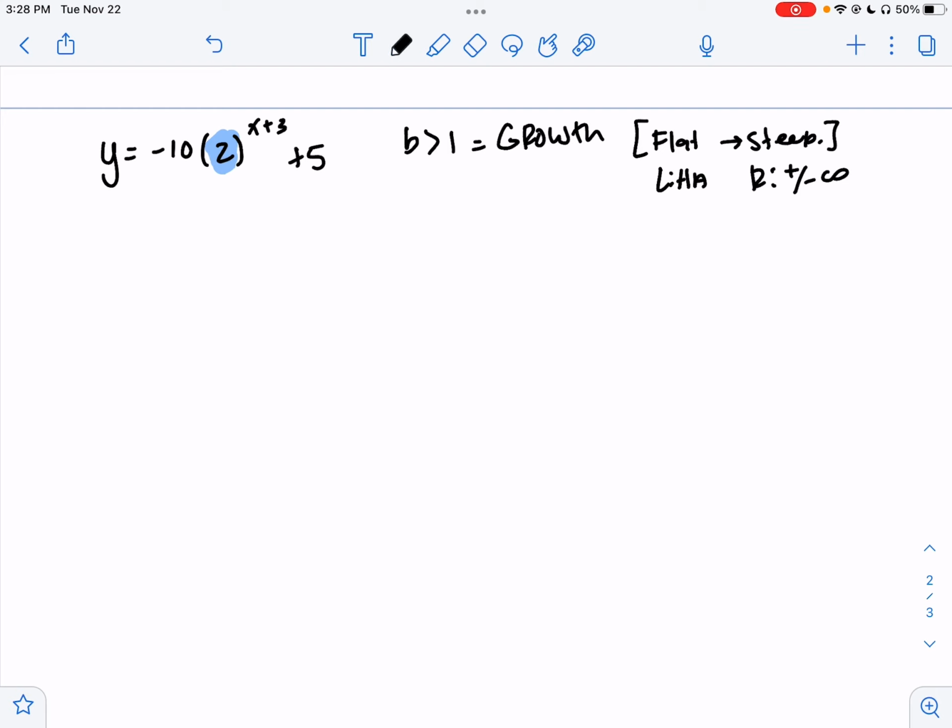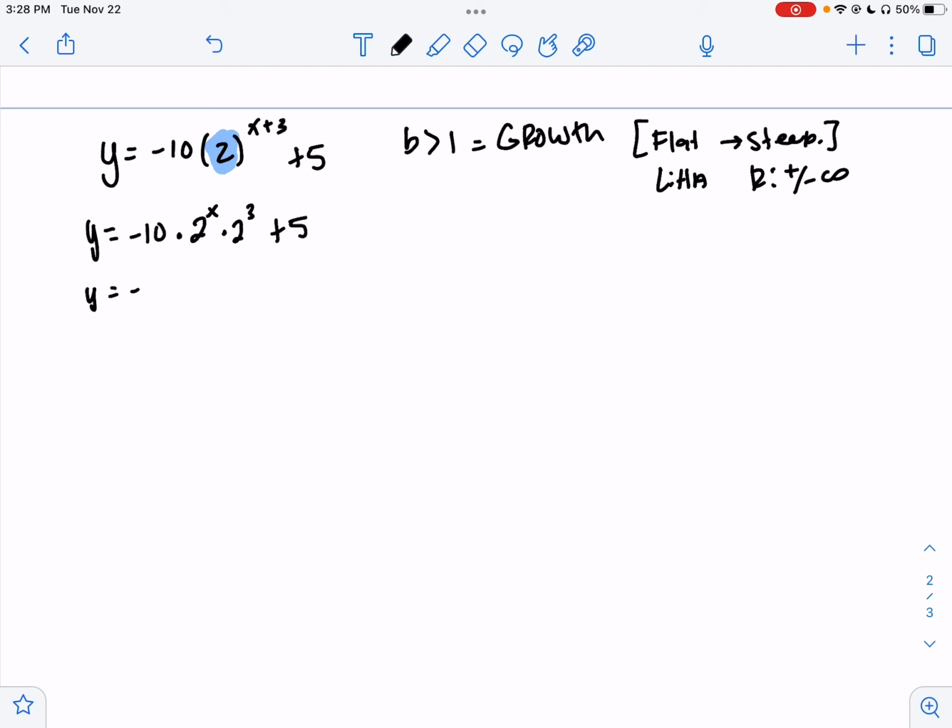Now, in order to find anything else, to figure out what my a value really is, I need to rewrite this. So I'm going to say y equals negative 10. We know that these parentheses represent multiplication, so times 2 to the x times 2 to the 3rd, plus 5. Here, I'm just using my order of operations. The first thing I need to do is my exponent. So that's really 8.